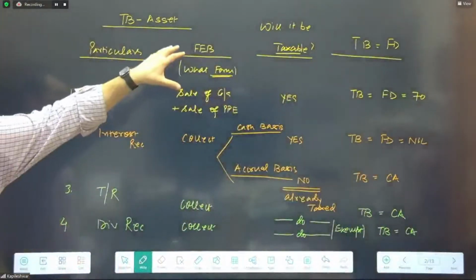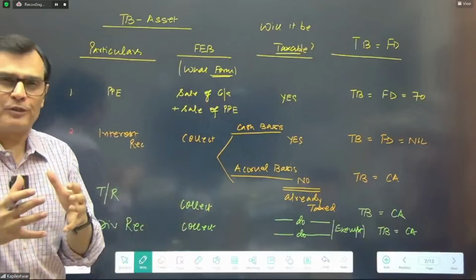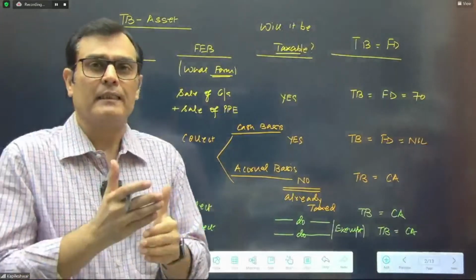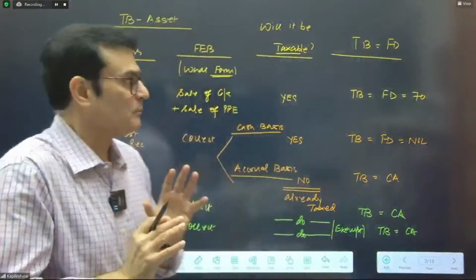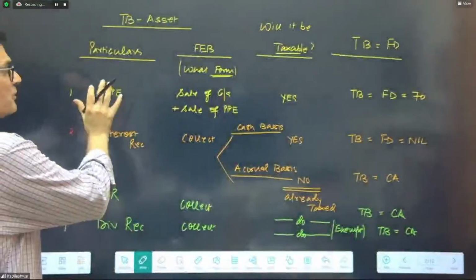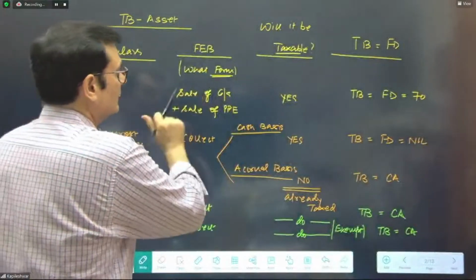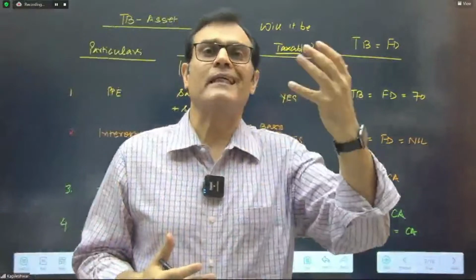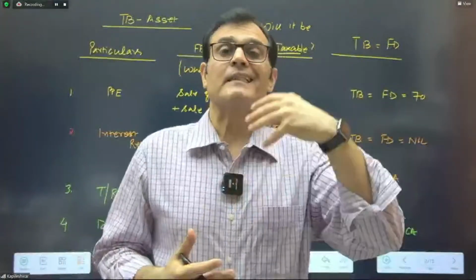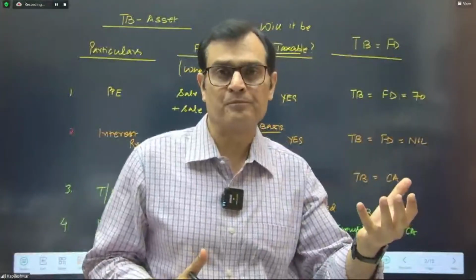Intentionally, I've given you this column as well, so that you're also able to understand in what form the economic benefit arises. Because for PPE, intangibles, investment property, generally the collections will not arise. Investment property, rental income will arise. Sale of investment property will arise.